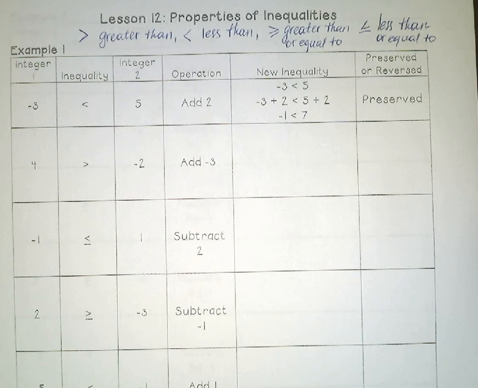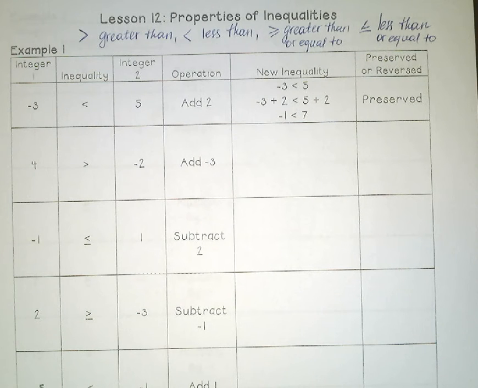These signs are very important to remember because that's what inequalities are all about. They have these 4 signs. So please, if you don't know what these signs mean, make sure to memorize them.